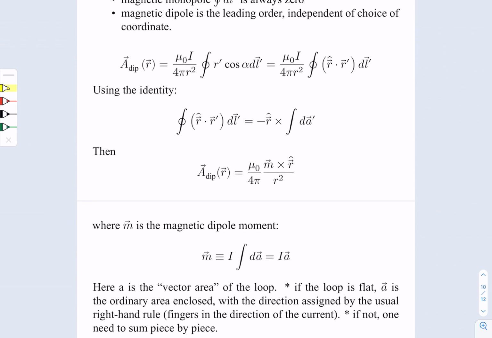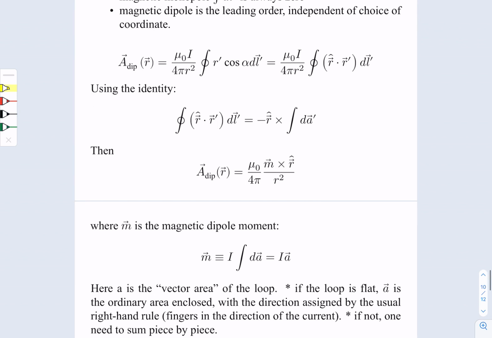I also want to mention that here this A is actually something you have to be careful about, in the sense that this area is a vector.